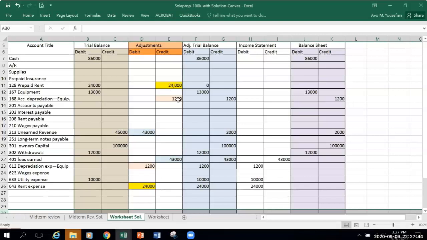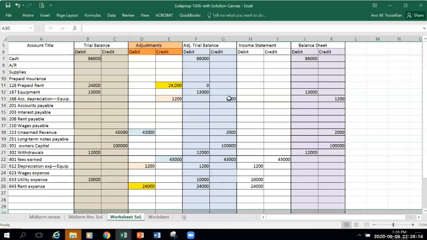The accumulated depreciation will be credited as a contra account to equipment. So you don't touch equipment, you leave it the way it is, so people can see that the equipment's original cost is $13,000, but it has been depreciated so far $1,200. That means the book value is $13,000 minus $1,200, which is about $11,800.